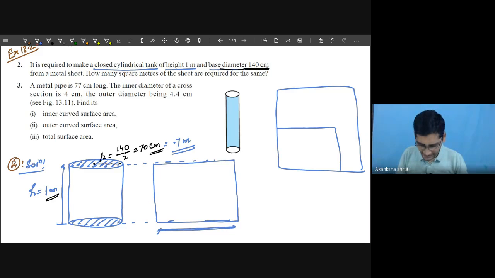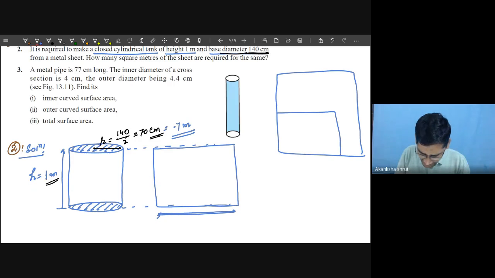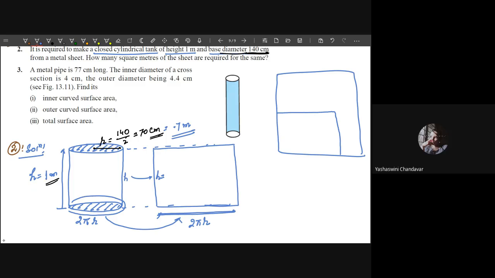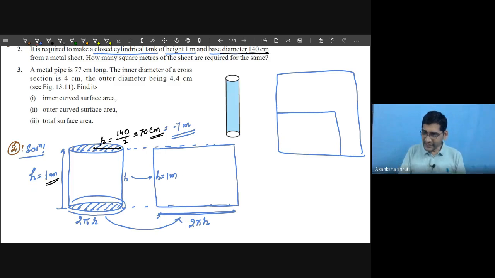While you are opening it, it is rolled along like this, so the length should be the same as the circular length. The circular length is 2 pi r. So this length should be 2 pi r. The height is the same as this height, so the height should be 1 meter. This gives us the curved surface area.